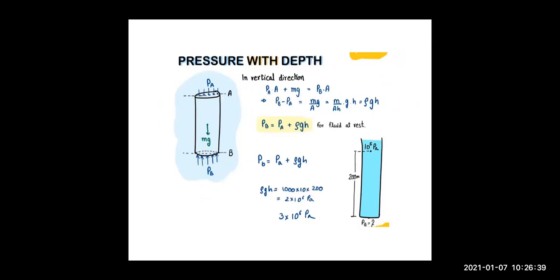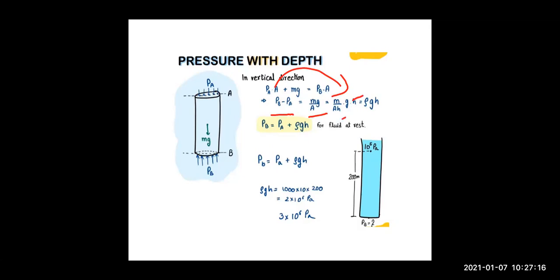Now what we are doing, let us bring PA to that side. So if we bring PA this side, it will be PB into A minus PA into A. If we take A common, it will be PB minus PA, and A can come in division on the other side, that will be mg by A. Now children, here we are multiplying by h, the height of the cylinder, in the numerator as well as in the denominator, right children?